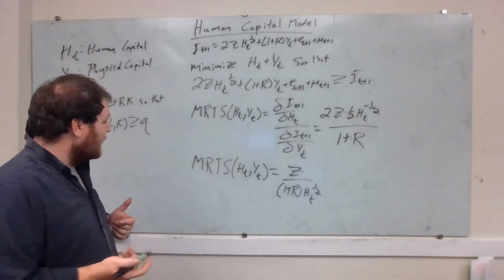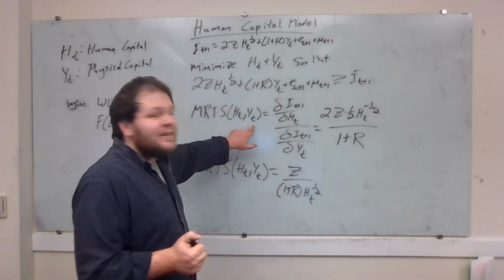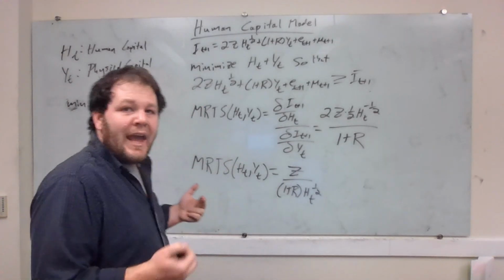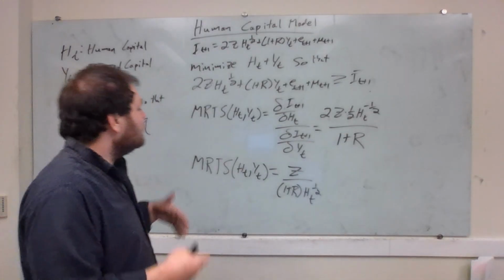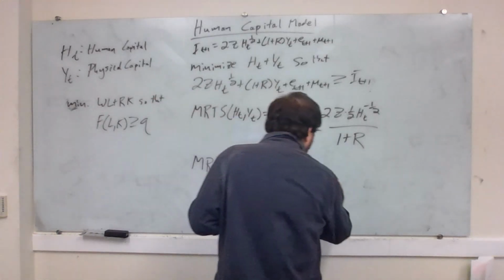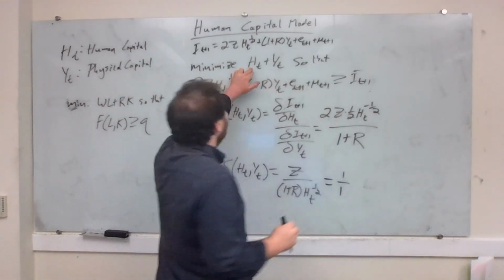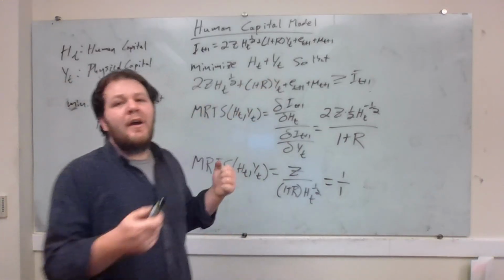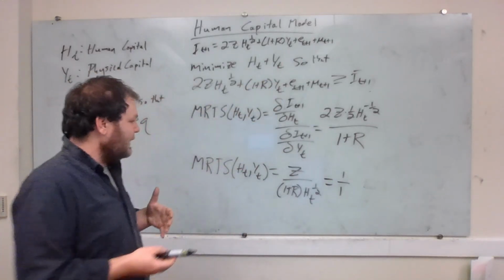Well, the MRTS tells us how much physical capital it takes to replace a little bit of human capital. And so we're going to set our MRTS equal to the relative cost of physical and human capital, which in this case is just going to be 1 over 1, because we're defining H and Y as essentially requiring equal amounts of sacrifice to produce 1 unit.